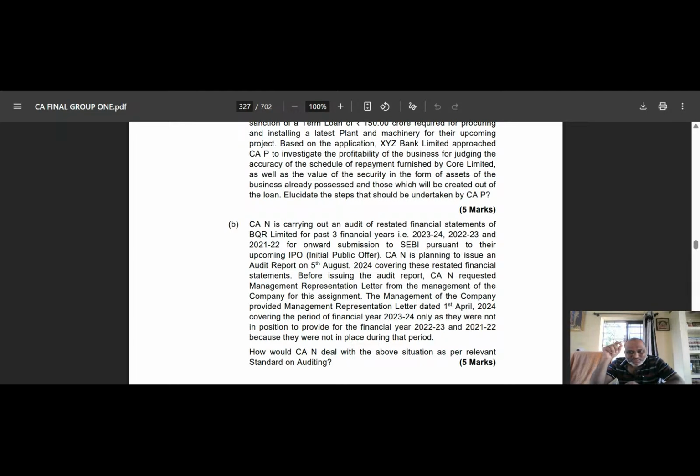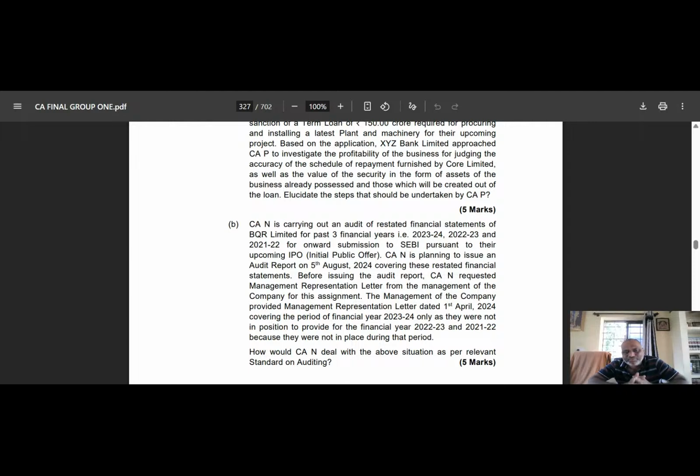CAN is planning to issue an audit report on 5th August 2024 covering these restated financial statements. Before issuing the audit report, CAN requested the management representation letter from the management of the company.